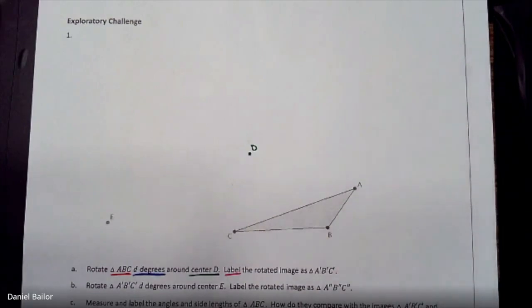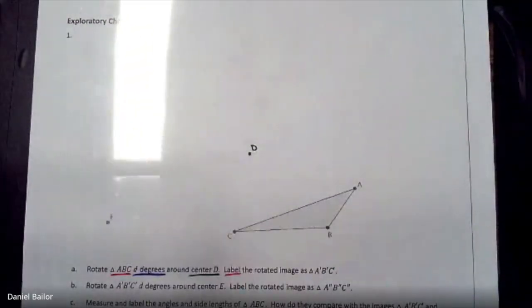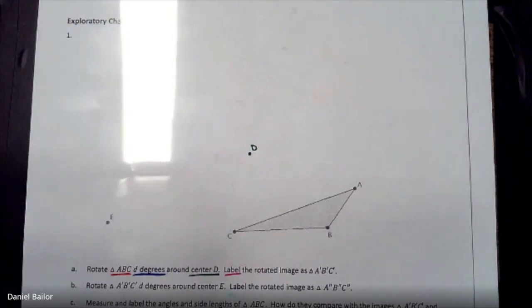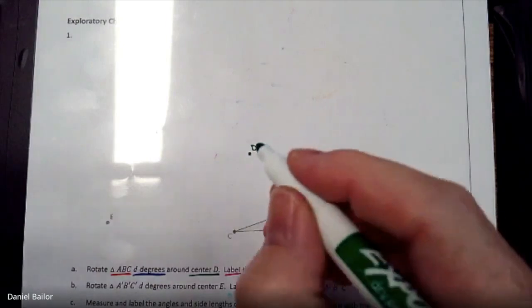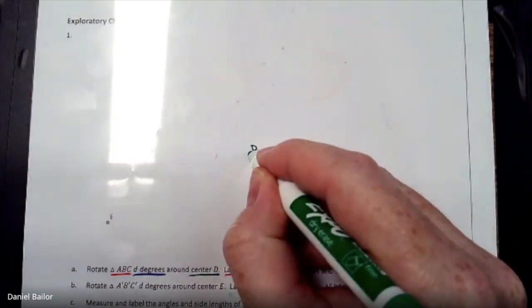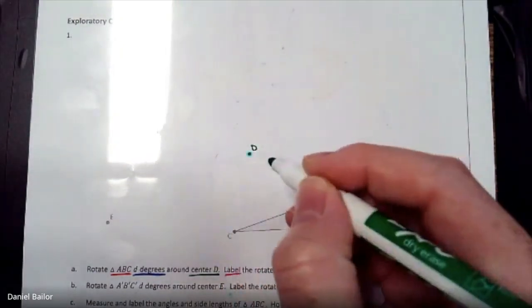For this, I need my transparency. You can see my transparency right there. And I need a dry erase marker. And I am rotating around point D. So let me label point D on my transparency so that I know what I am spinning around. So there it is.